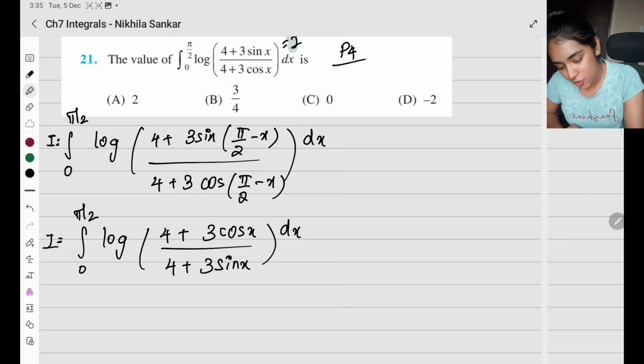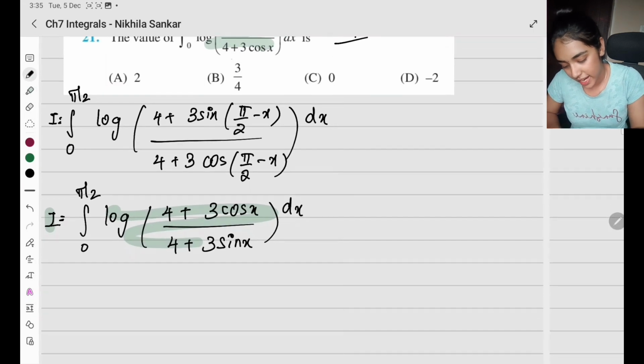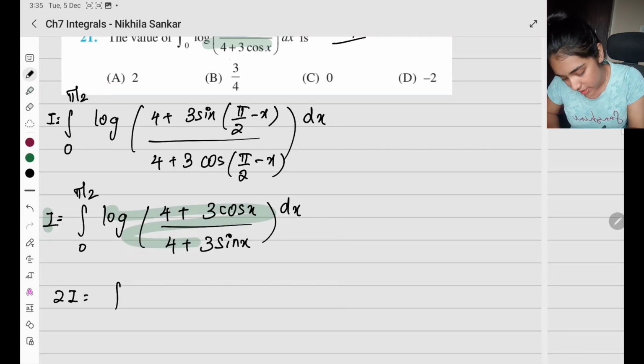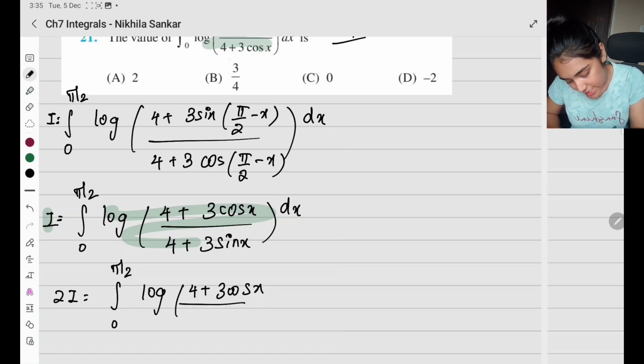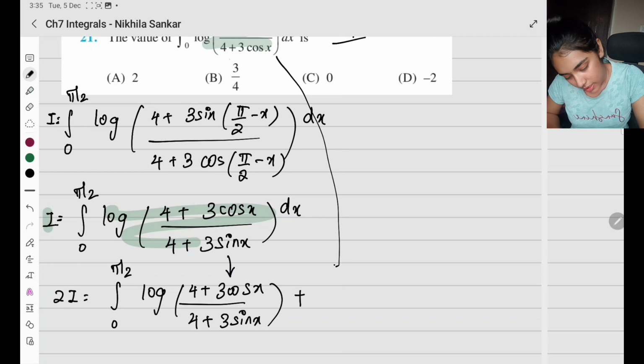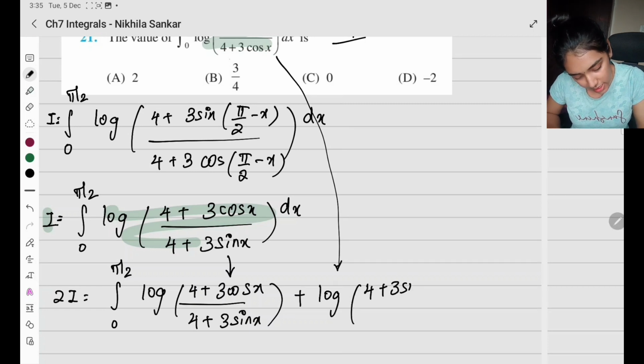When I add these two, I plus I, and this term plus this term, I have 2I equals integral 0 to pi by 2 log of 4 plus 3 cos x divided by 4 plus 3 sin x, this particular term, plus this one, log of 4 plus 3 sin x divided by 4 plus 3 cos x times dx.